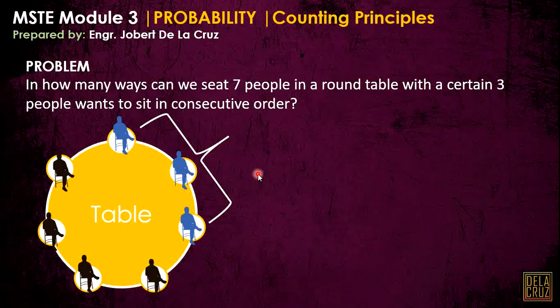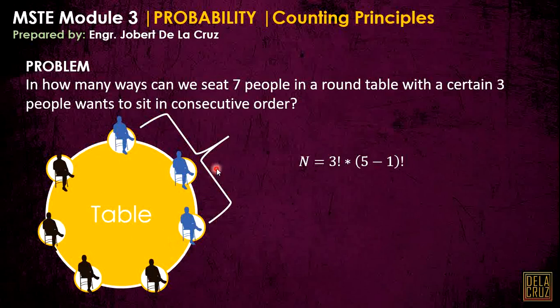Okay, so how can we do that? And again, take note, uunahin natin yung i-group natin. So, these 3 will be our group. So, that is 3 factorial. Okay? Gets? Uunahin natin yung group natin. Now, since they are a group, they will be counted as 1. Okay, klaro? They will be counted as 1.